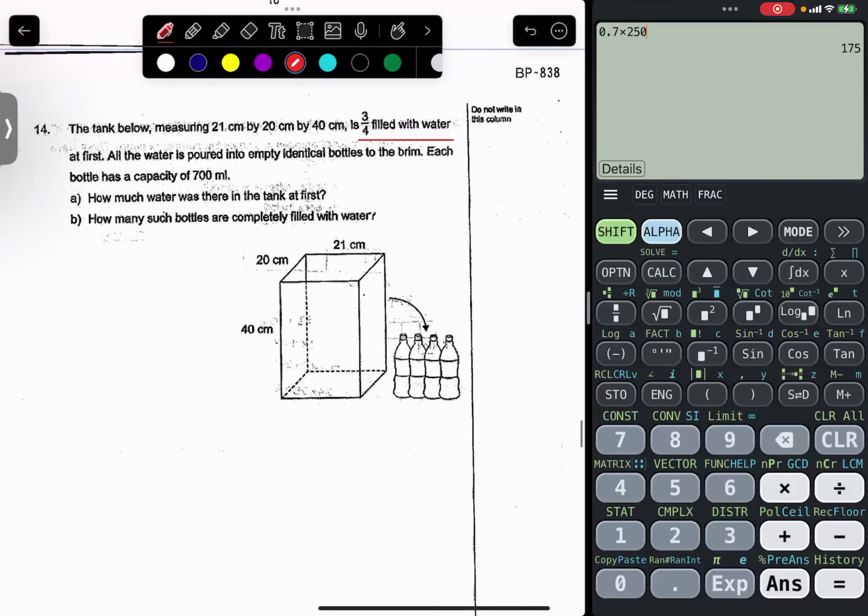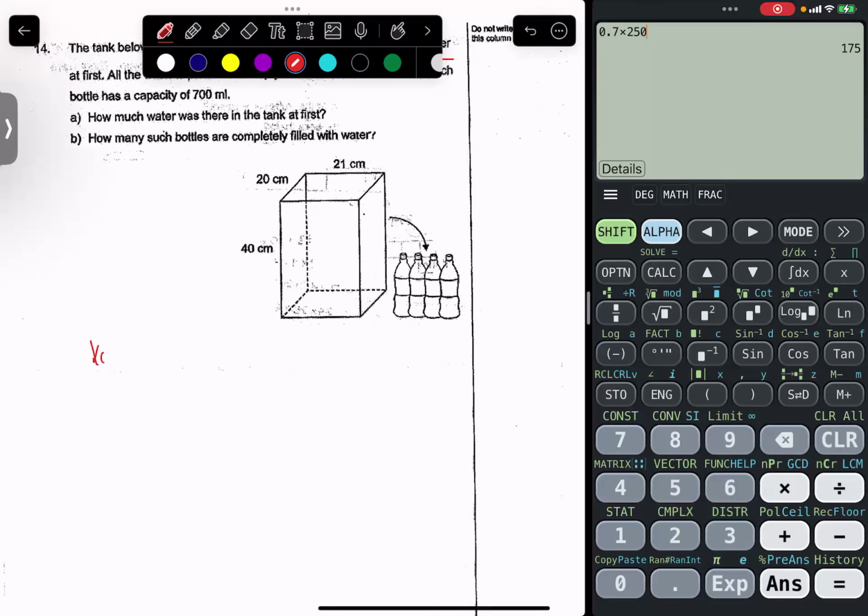Okay, so volume of water will be equals to length times breadth times height times 3/4, because only 3/4 filled. So length 21 times 20 times 40 times 3/4.